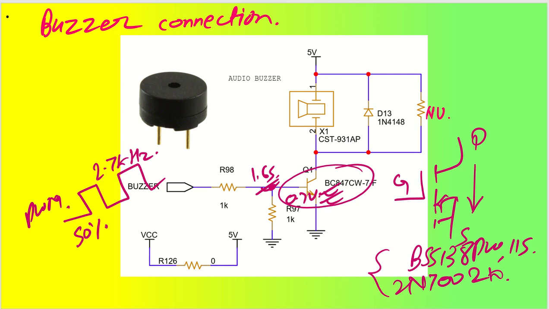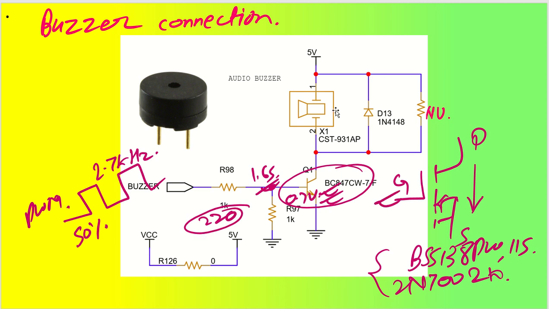These two you can utilize very easily for this application. If you want, you can increase this value, otherwise there is no need. If you are going to use this MOSFET, then the series resistance will be reduced to 100 ohm or 220 ohm max. Do not increase it more than 220 ohms if you are going to use a MOSFET for this application.